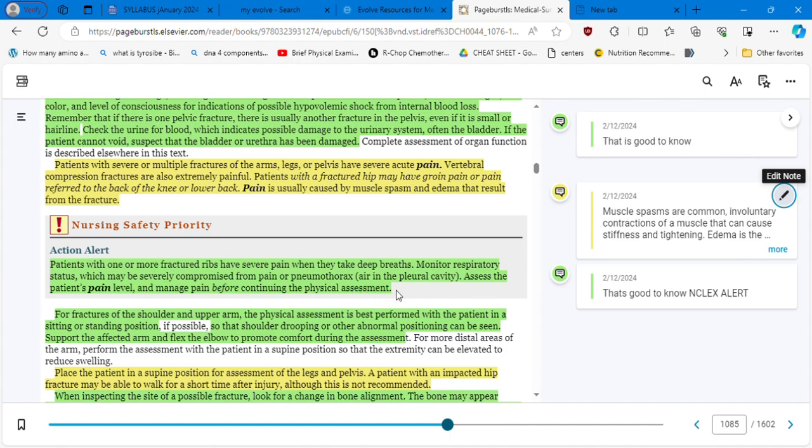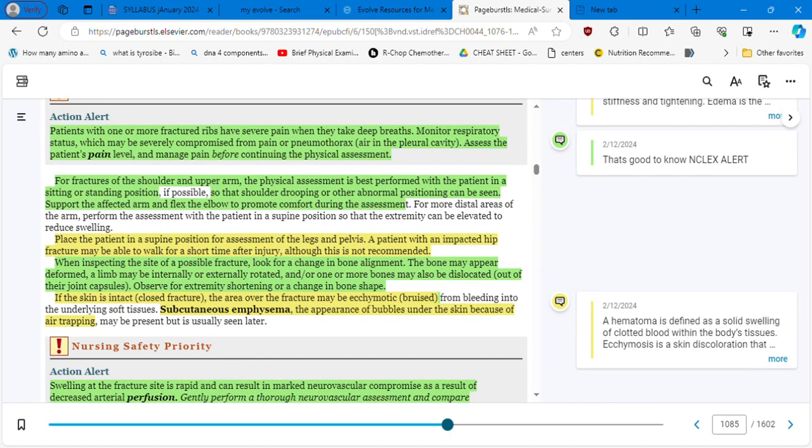So before, they were talking about the pelvic fracture, and the risk of hypovolemic shock. Depending on the structure, your critical thinking has to evaluate what is the highest risk. For example, in the ribs, we are going to monitor respiratory status, right?